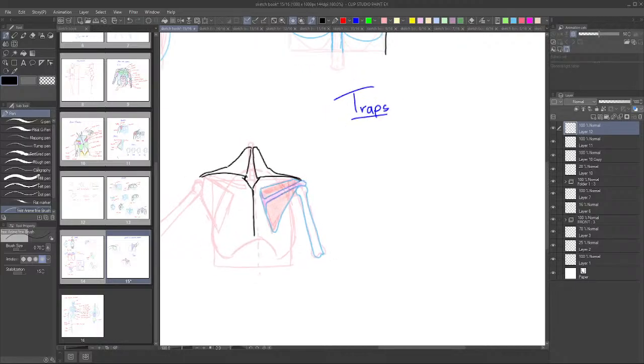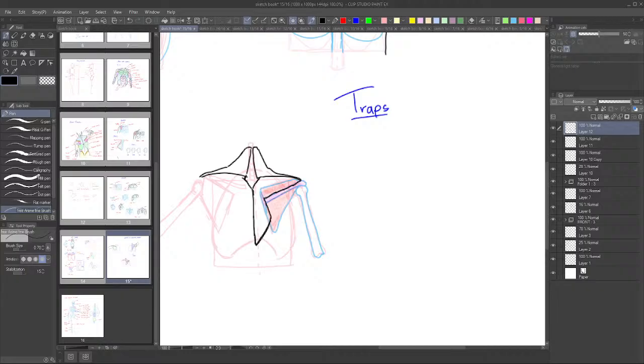All right. Then at the top, it wraps on top of the acromion. Okay, like that. Then close like that.